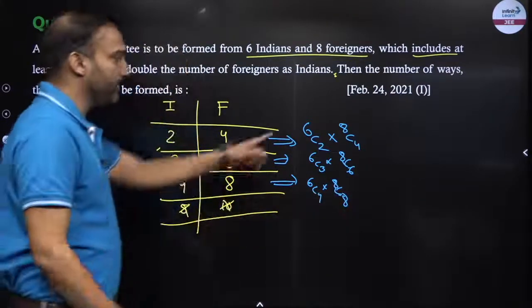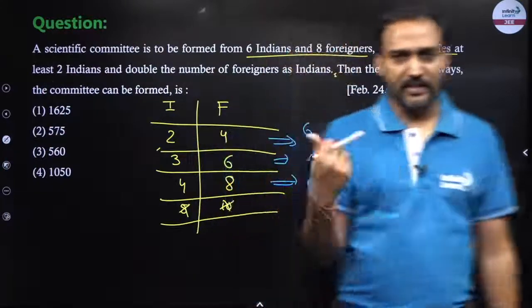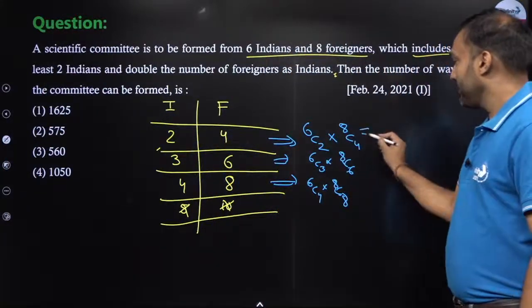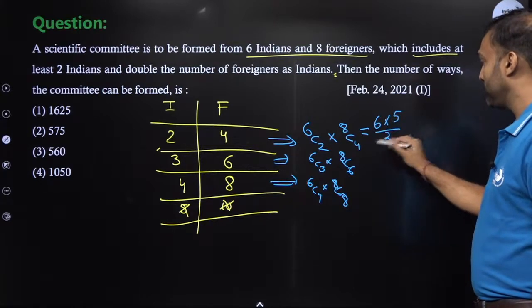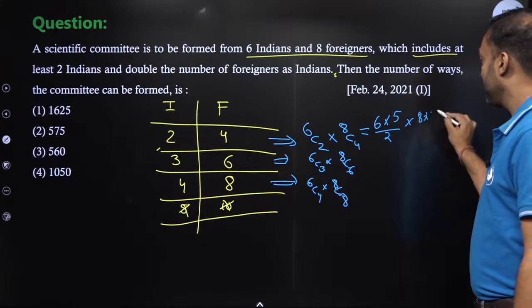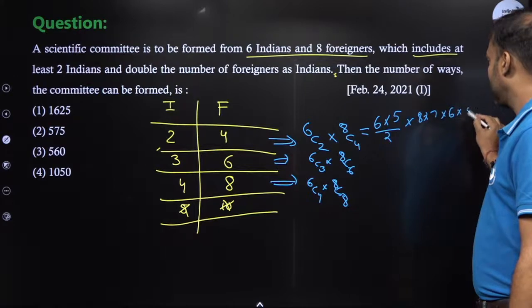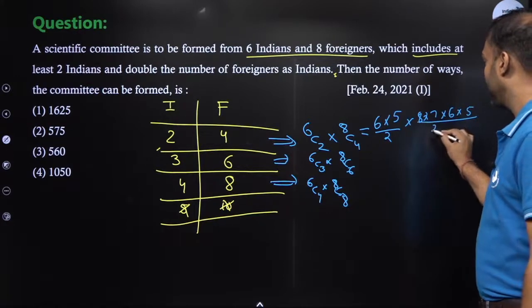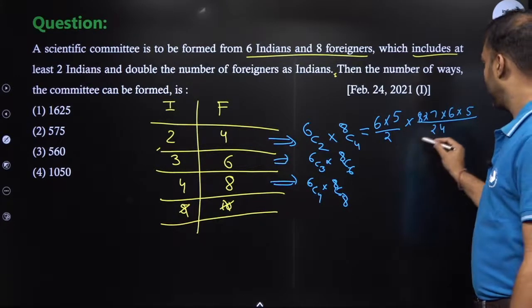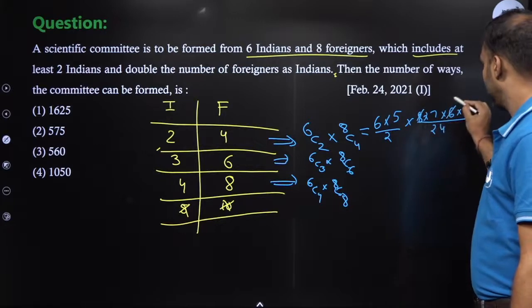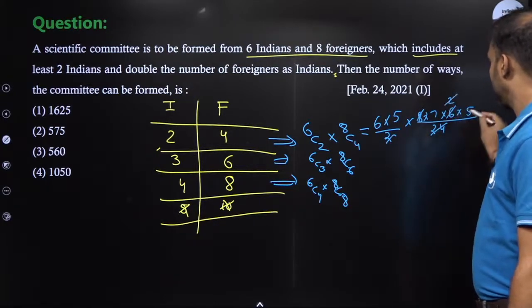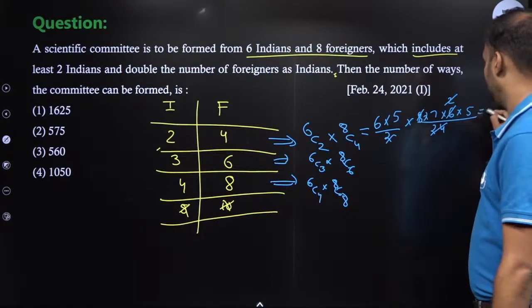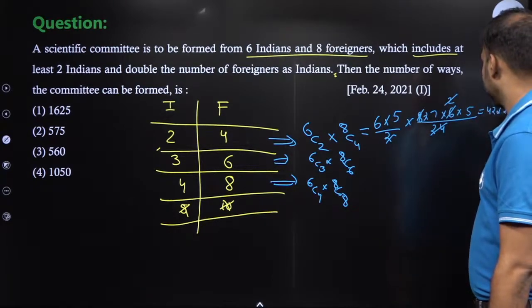Right? Now I will simplify these values. Remember the trick that I told you? 6C2 would be what? 2 numbers divided by factorial 2. 8C4 would be what? 4 numbers in decreasing order divided by 4 factorial. That is 24. So I'll simplify, 8 3s are 24. 2 gets out with 2. So I have 7 6s are 42 into 5.